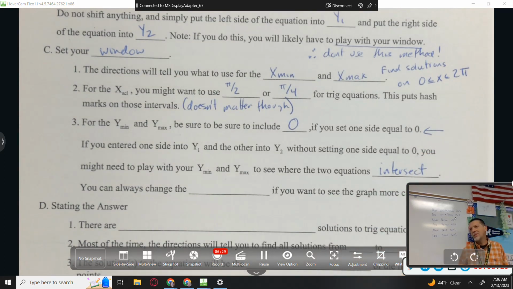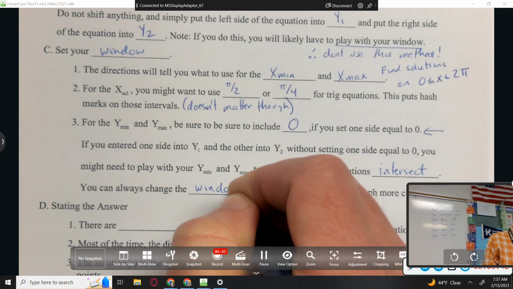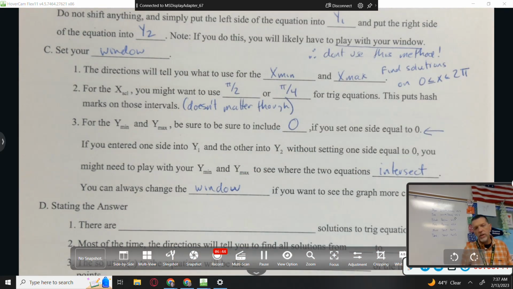Which is why we don't do this method, because it's a lot easier to move something over in the equation than to play with your window to figure out where the two things intersect. And then you can always change the window if you need to see something, sort of like zoom in on a piece to see what's going on there.